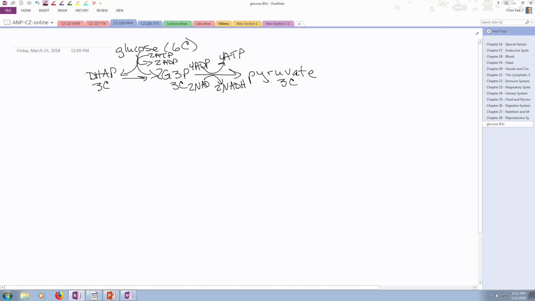Now, pyruvate has to get into the mitochondria, and it will be groomed, so to speak. So it will be groomed and it will be changed. And that's that intermediate step. And so we will move it into our mitochondria. And when we move it into the mitochondria, it will go from pyruvate, which is 3-carbon, to acetyl-CoA, coenzyme A. And we're going to get 2 pyruvates, correct, in this whole process, right? So how many acetyl-CoAs will we get? We will get 2 of those.